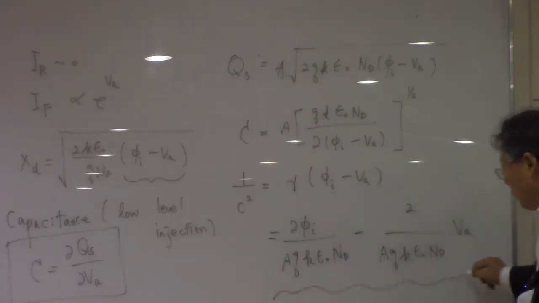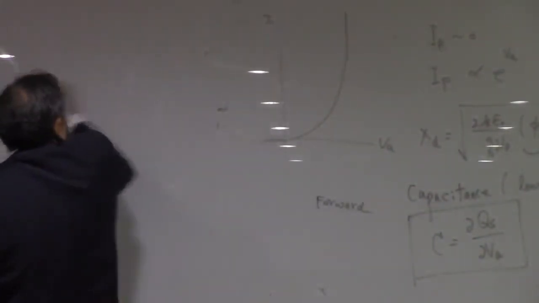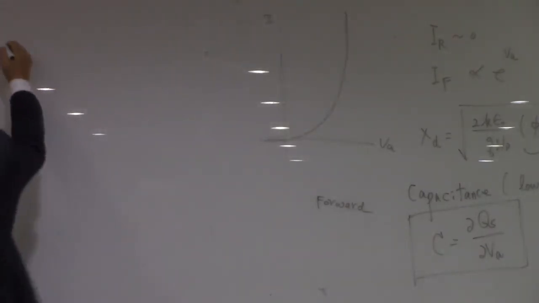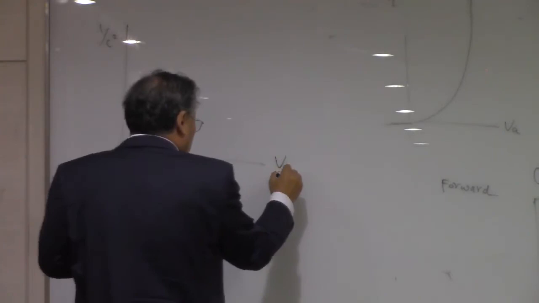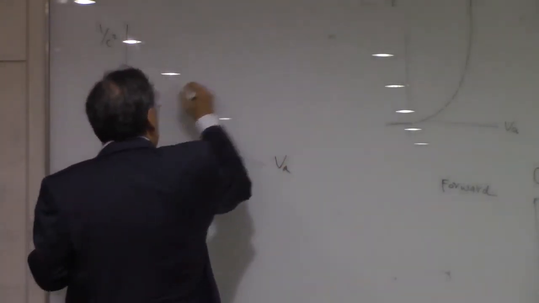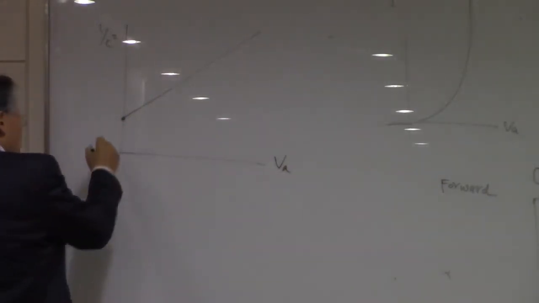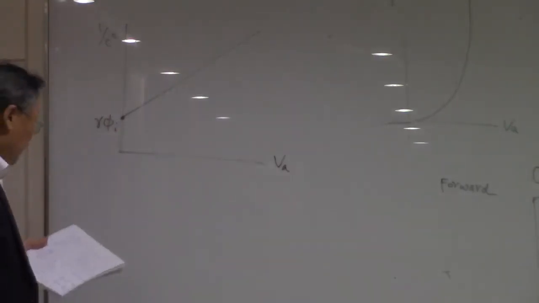So from this equation, if you make a plot of one over C squared with respect to VA, then you're going to have a straight line like this, and the intercept corresponds to gamma phi I, okay?